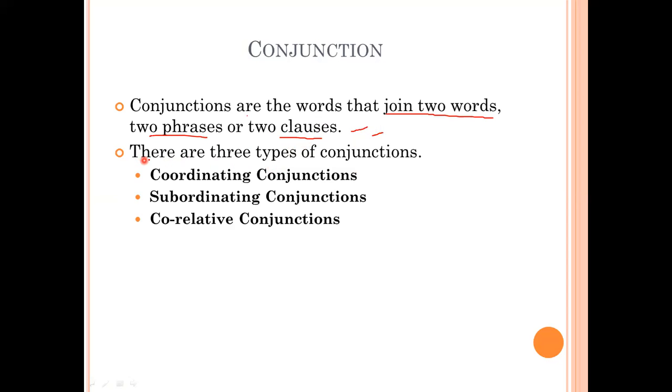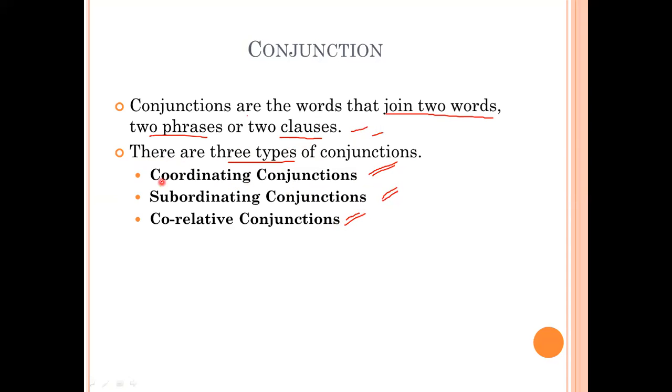And there are three types of conjunctions. First, coordinating conjunctions. Then subordinating conjunctions. And then correlative conjunctions also.